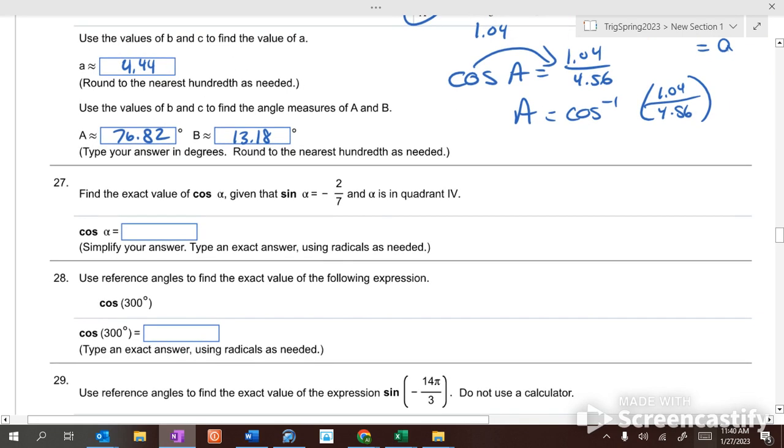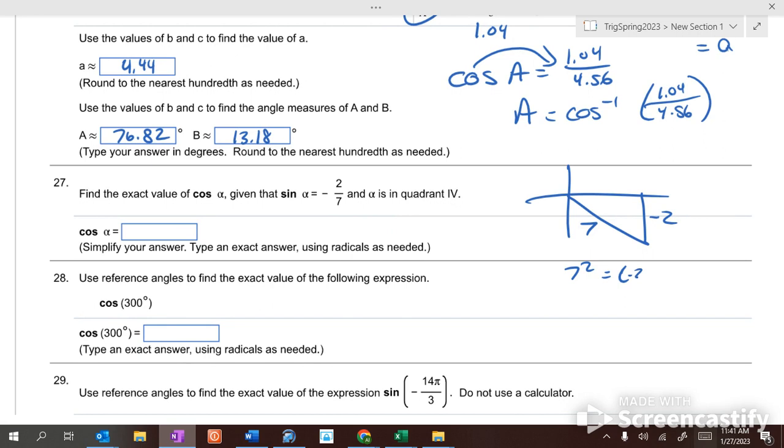All right. If the sine is negative 2/7 and we're in quadrant 4, sine is the opposite, hypotenuse is 7. We've got to figure out the adjacent. So 7 squared equals negative 2 squared plus x squared.